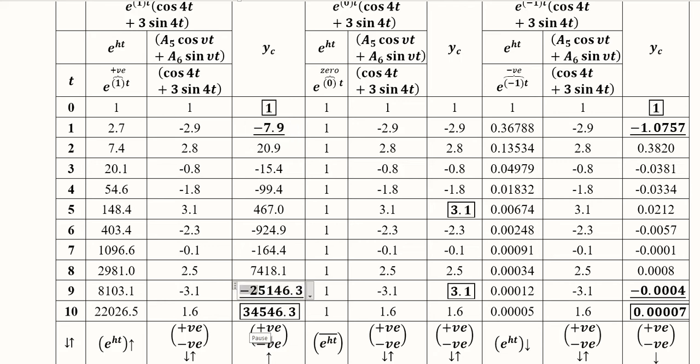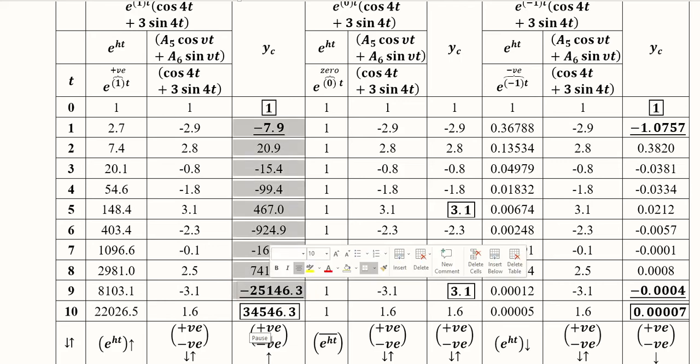Moreover, in this process of oscillation, the first negative value is minus 7.9 and the final negative value is 25,146. So it means that the negative value is also having this substantial increase in terms of its magnitude.